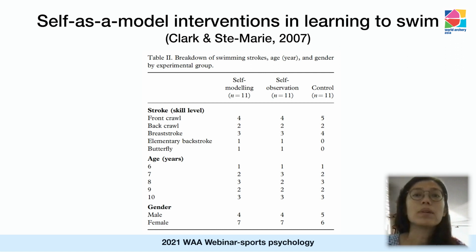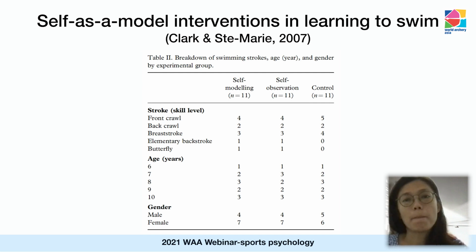Okay, this group of researchers were interested in this question. And since it's already a very commonly used method to let the learner see how they perform, which is self-model, they further ask whether seeing good movement can enhance their learning to a greater extent.